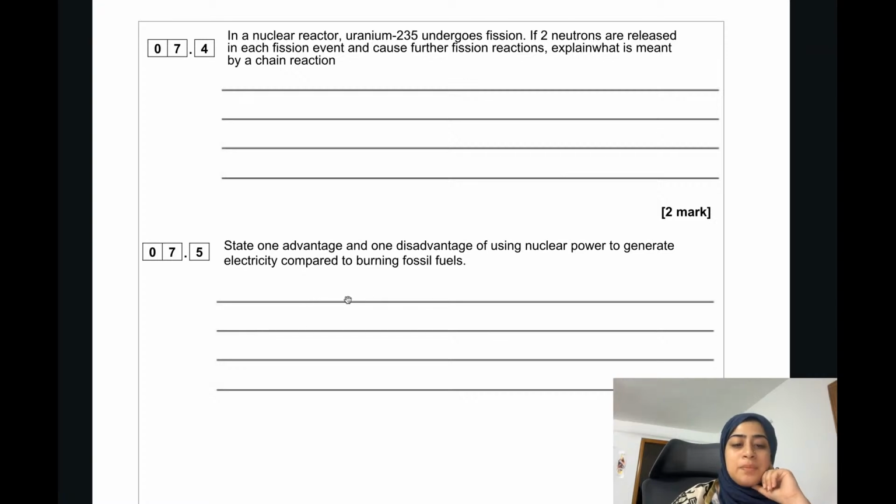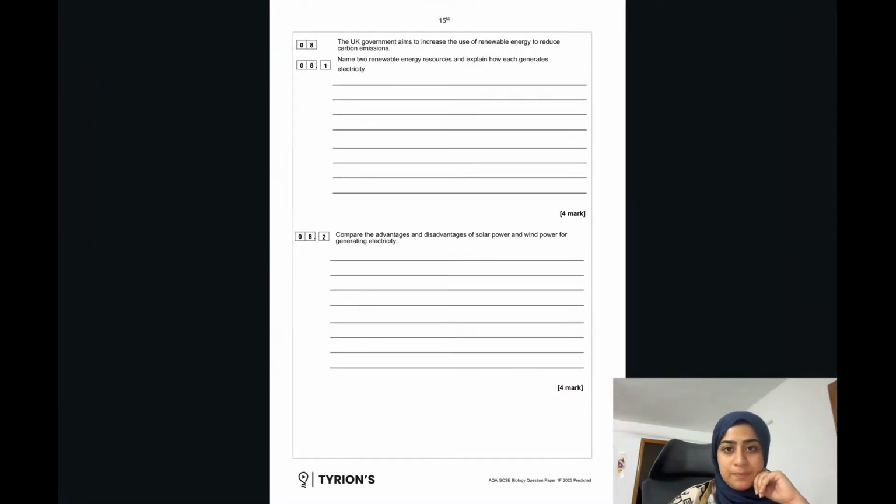But a bad thing about nuclear power is that it produces a lot of hazardous radioactive waste. So advantage, a lot of power, not much carbon dioxide, which is great, but radioactive waste is very dangerous.